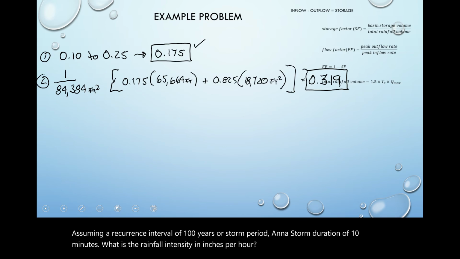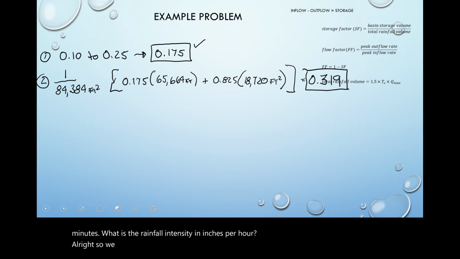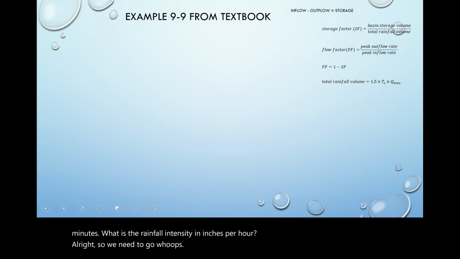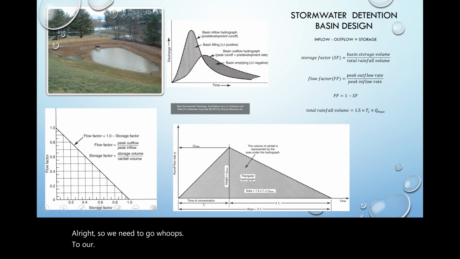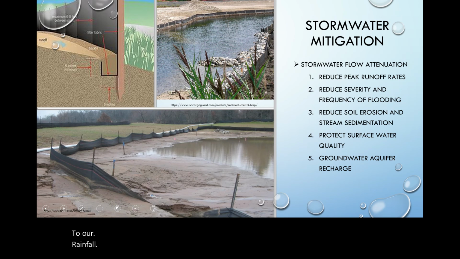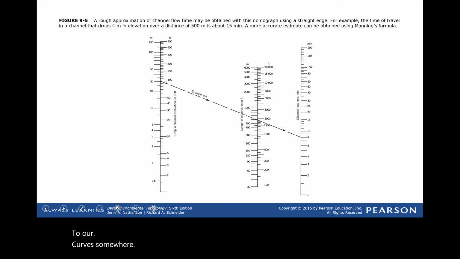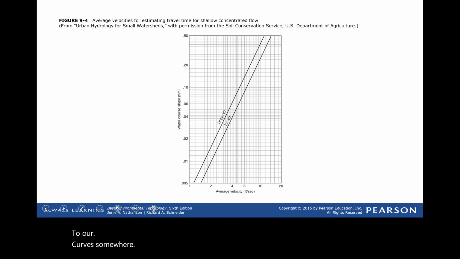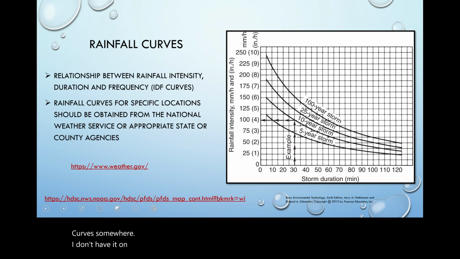All right, so we need to go to our rainfall curves somewhere. And I don't have it on this PowerPoint. Remember these here, but I want you to use the Green Bay curves.